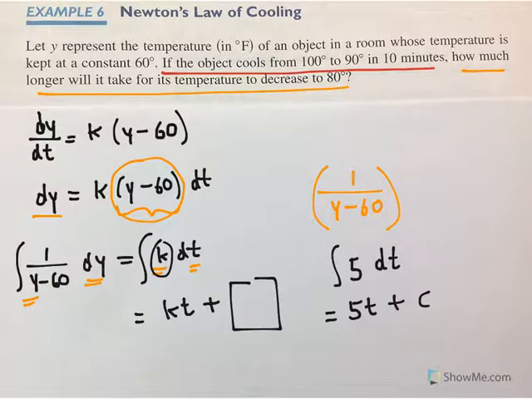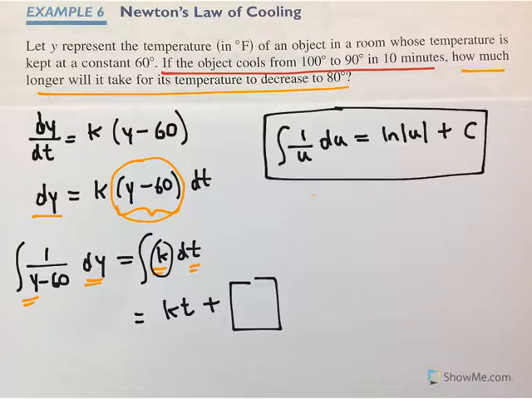On the left side, you're going to use the log rule for integration. So here is the log rule for integration, and you have y minus 60 in the denominator. If you wanted to, you could do a formal u substitution. But this is kind of easy to do mentally as well. So either you let u be equal to y minus 60, and du would be equal to dy.